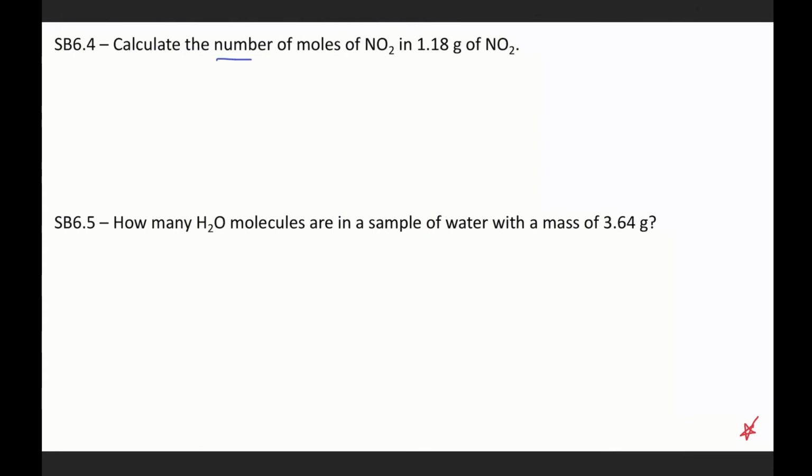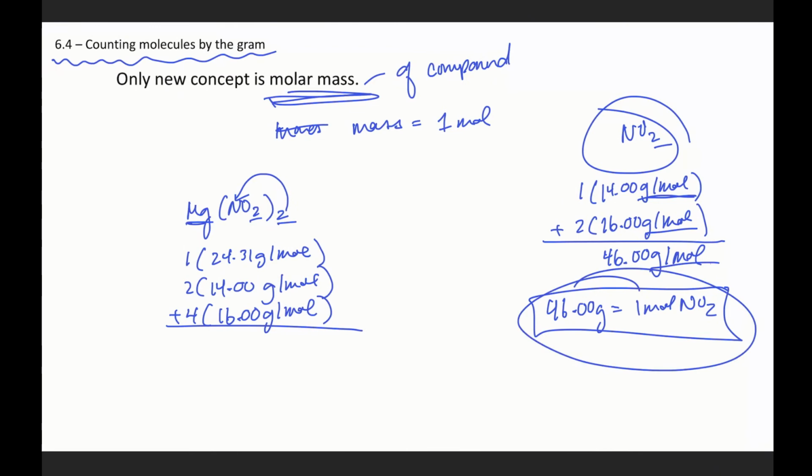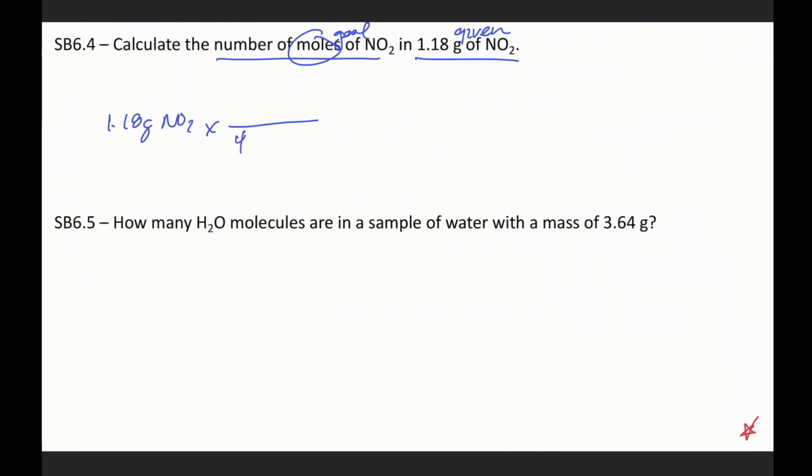So we're going to calculate the number of moles of NO2 in 1.18 grams. So I have a given of grams and a goal of moles. Do I know a conversion factor between moles and grams? I do. Molar mass. So 1.18 grams of NO2. We'll go back: 46 grams are equal to 1 mole.